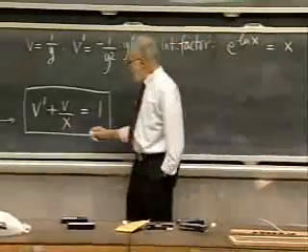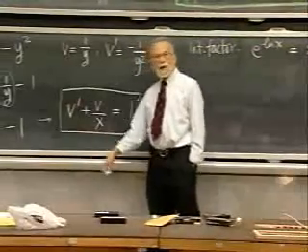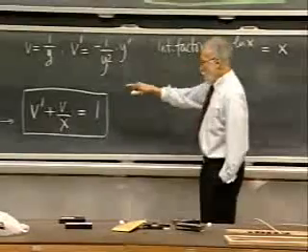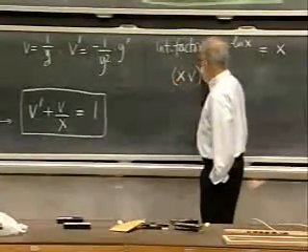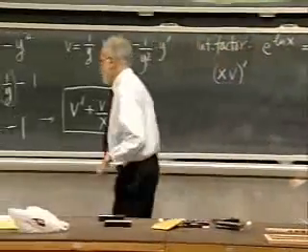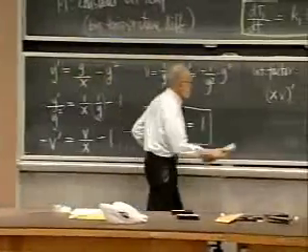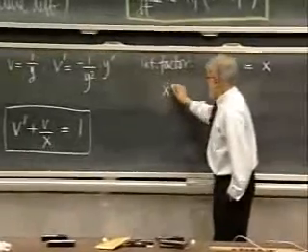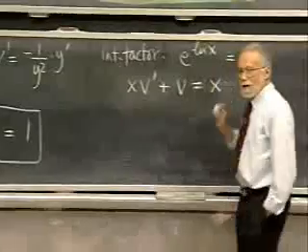Now, some of you, I would hope, can just see that right away, that if you multiply this through by x, it's going to look good. So after we multiply through by x, what do I get? Maybe I shouldn't skip a step. You're still learning this stuff, so let's not skip a step. So it becomes xv prime plus v equals x, okay?